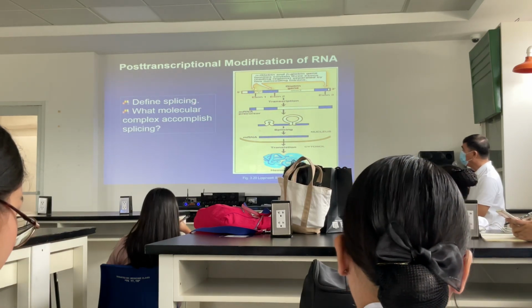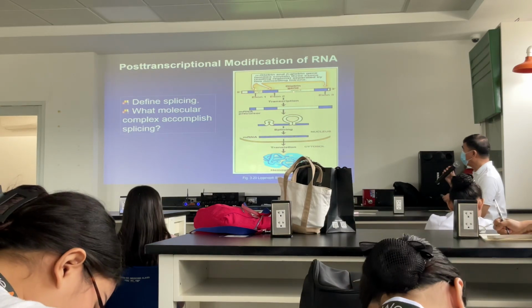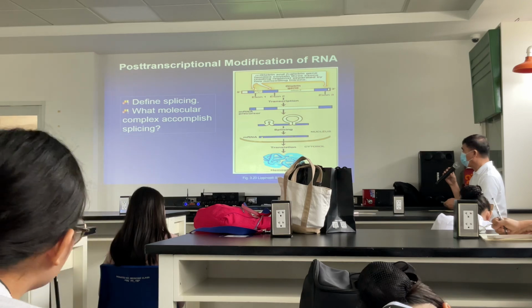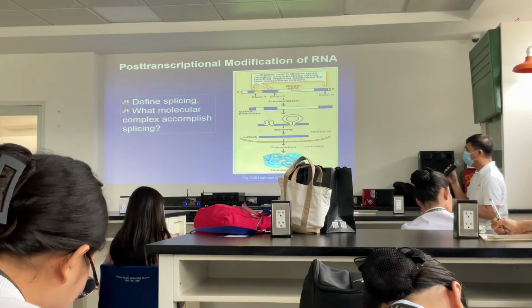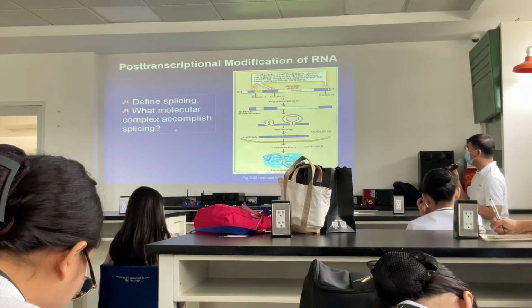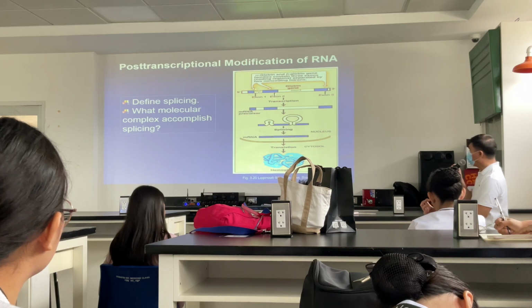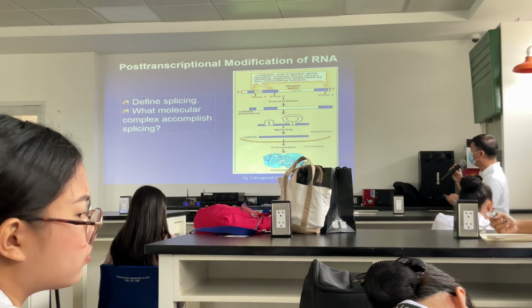So splicing is the process of excising introns and joining together exons. And the molecular complex that accomplishes splicing is called the spliceosome. So this is an example, your alpha globin and beta globin gene families.